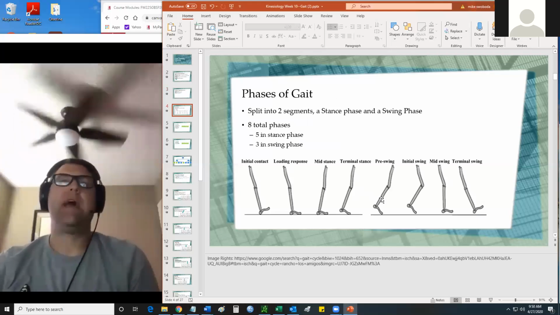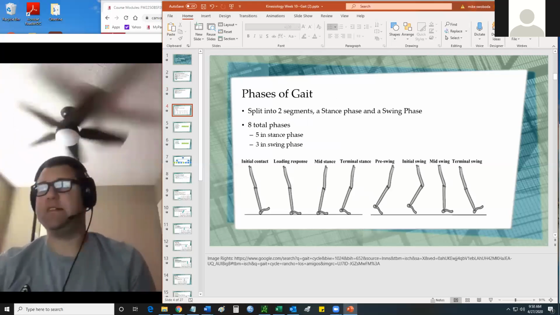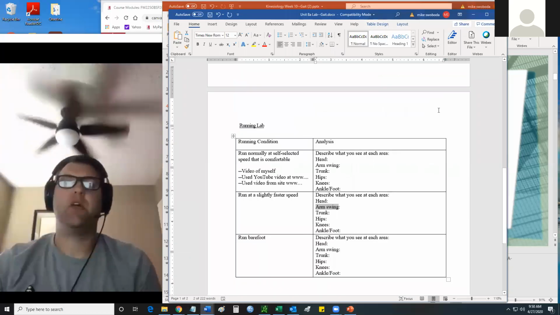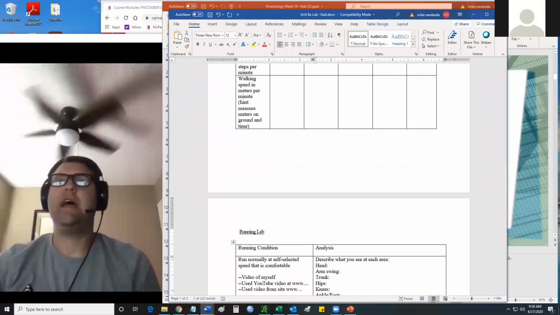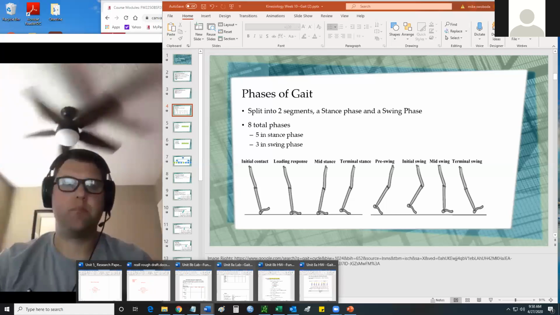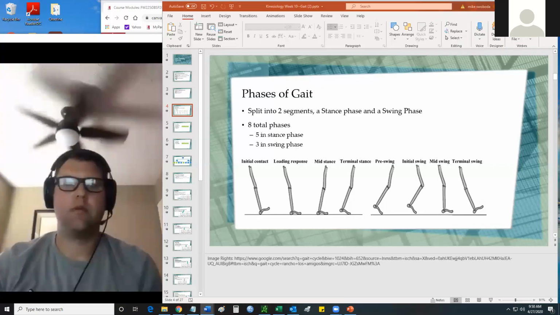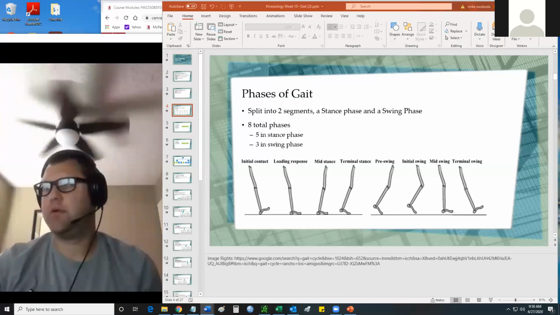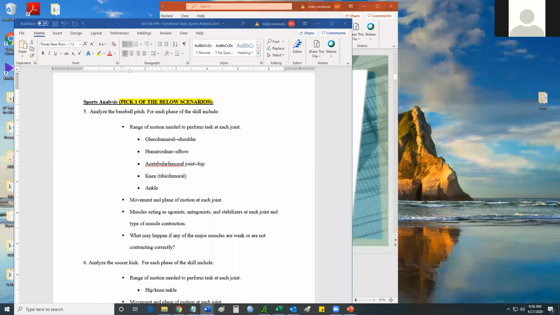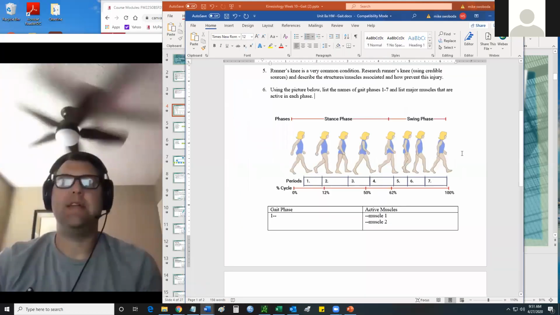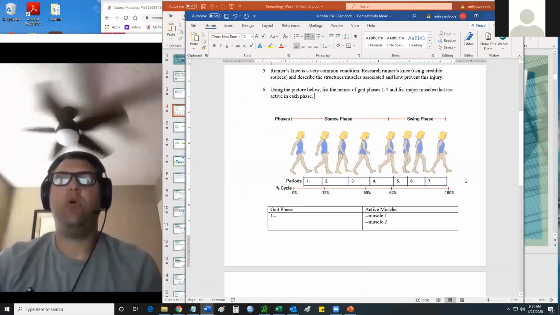Now, you have a total of 8 phases of gait. As I mentioned in your assignment page here, when you look at the homework for gait, it'll tell you to only use 7 periods or 7 cycles.